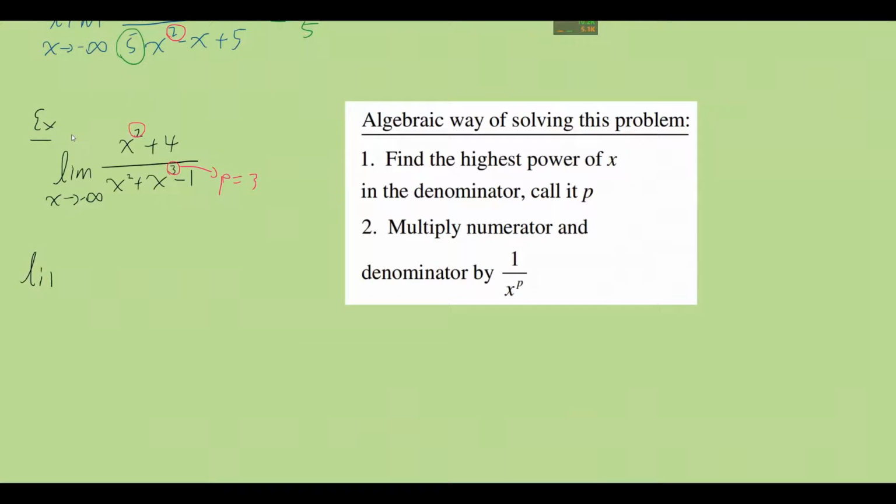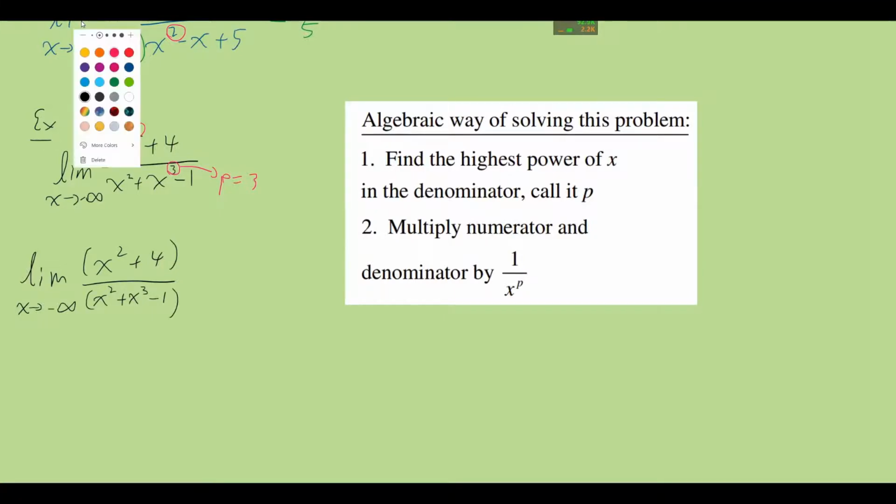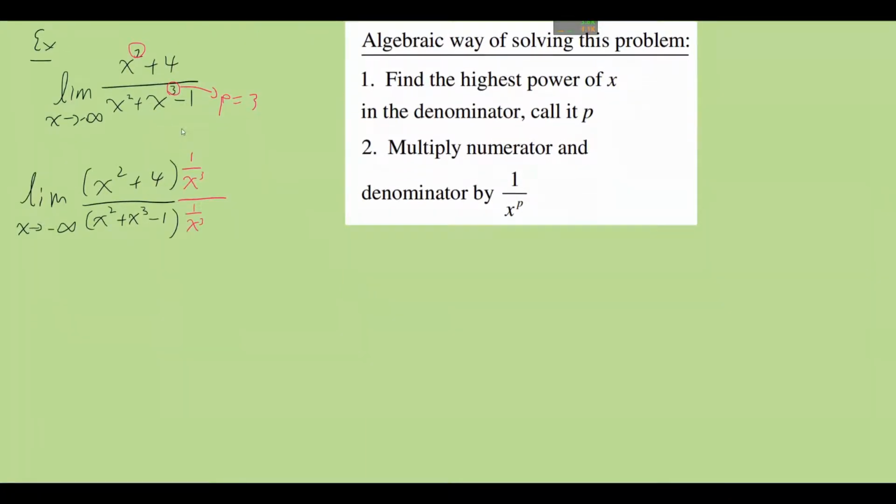We're going to multiply both the numerator and denominator by 1 over x to the third power, like this, 1 over x cubed over 1 over x cubed. And then same thing, we're going to distribute it.